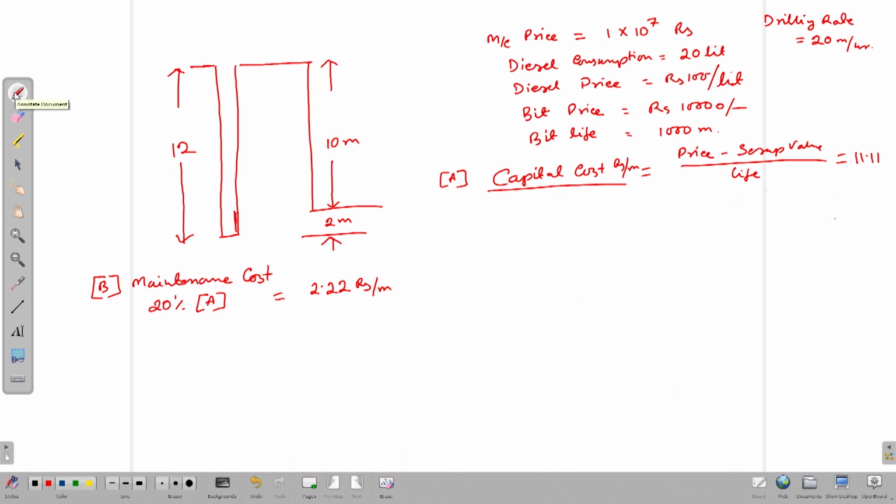We have already got capital cost and maintenance cost. So, the next cost head that we need to calculate is the operating cost. Now, operating cost has different cost heads. The first cost head in the operating cost is the power cost.